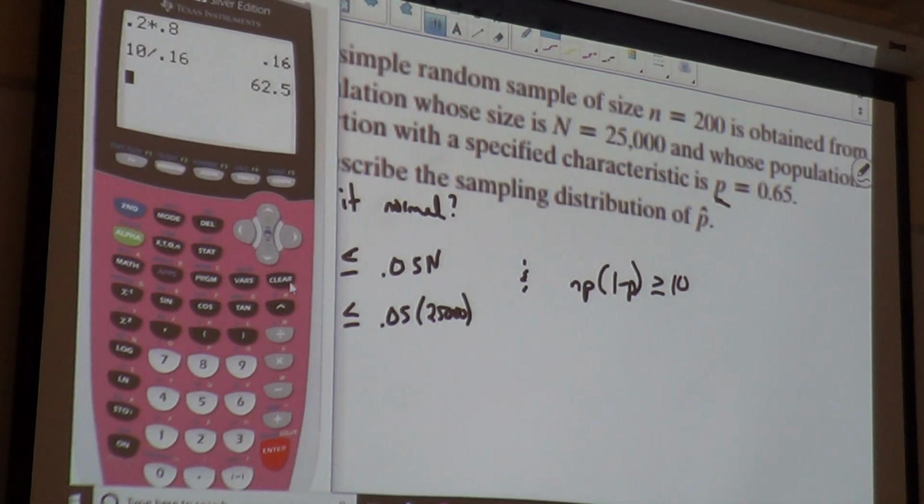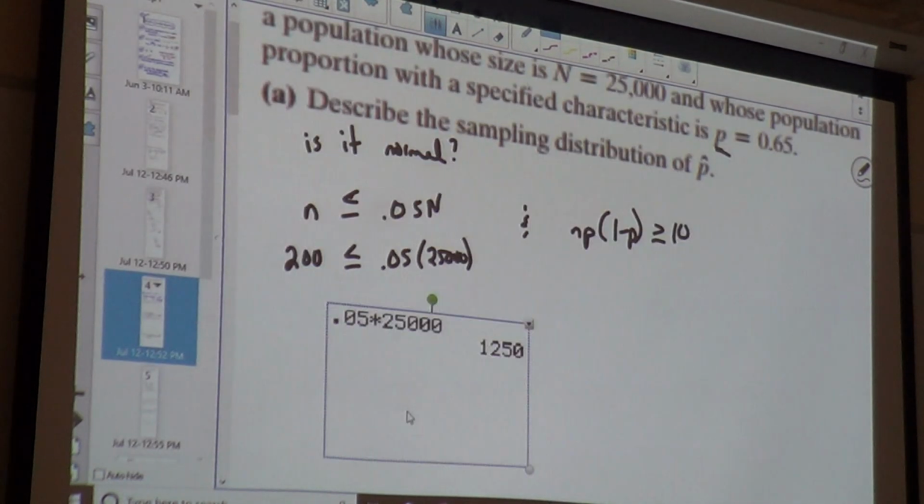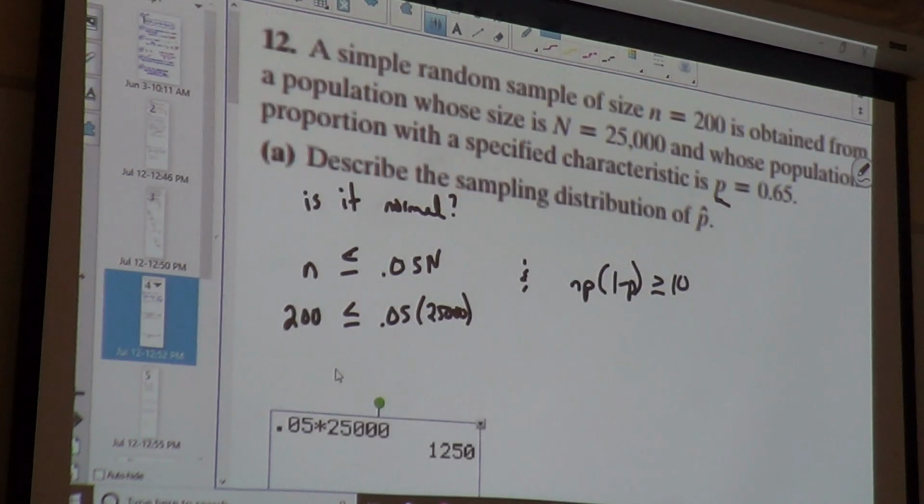And all we're doing on this first step is saying, is the shape of our distribution going to be normal or not? So, is 200 less than or equal to 1250? Yes.